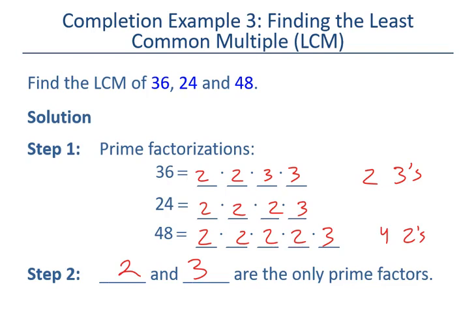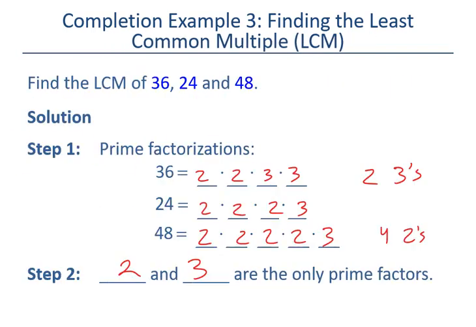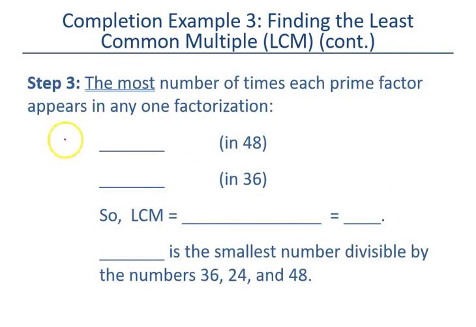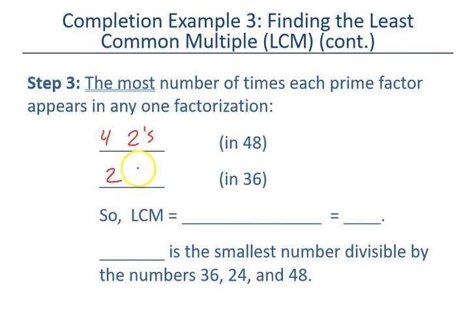So in the 48, what did we have? We had four 2's, so we can put in here four 2's. And then in the 36, going back, we had two 3's. So the LCM is going to be 2 times 2 times 2 times 2 times 3 times 3.